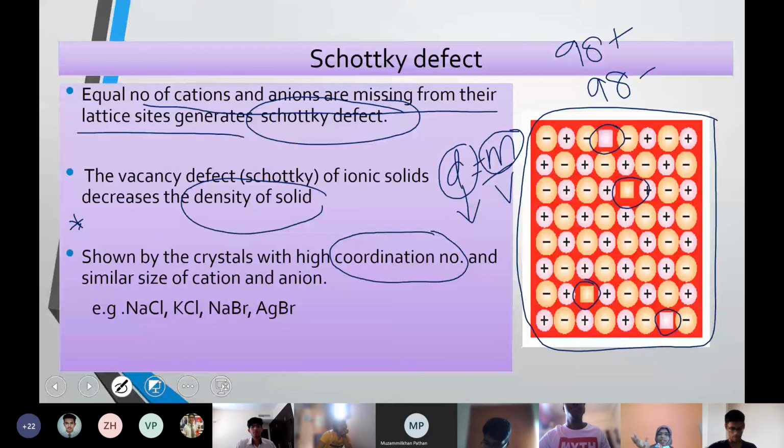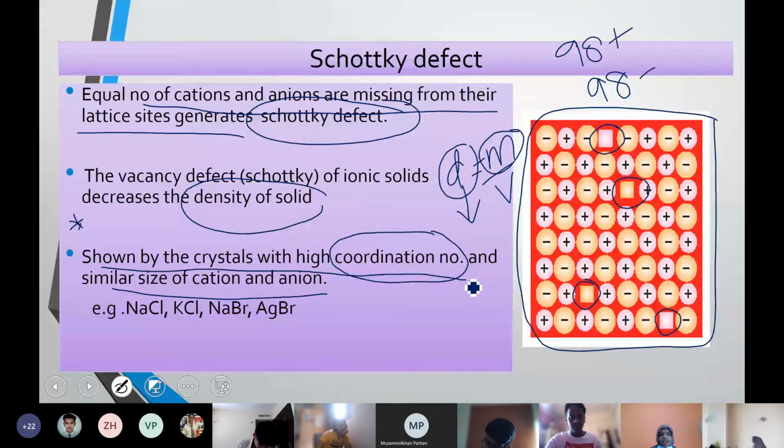Or otherwise, when the sizes of the cations and anions are almost comparable, almost the same size, in such cases also they show Schottky defect. So it is shown by crystals with a high coordination number and similar size of cations and anions.